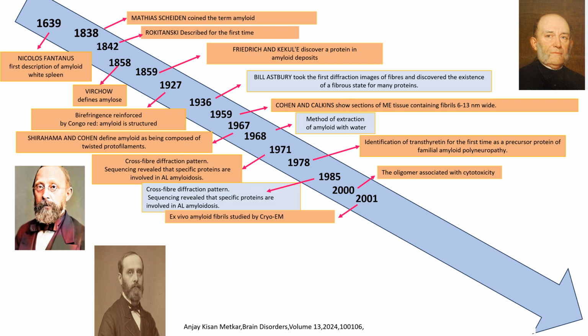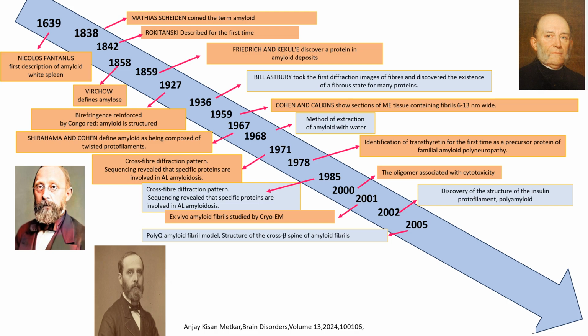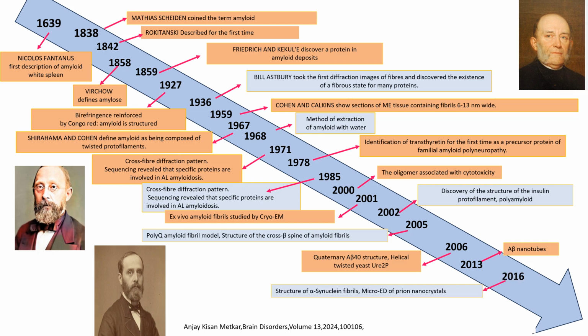In 2001, ex vivo amyloid fibers were studied by cryo-electron microscopy. 2002, discovery of the structure of the insulin protofilament polyamyloid. 2005, poly-Q amyloid fibril model, structure of the cross-beta spine of amyloid fibrils. 2006, quaternary AB beta 40 structure, helical twisted. 2010, AB nanotube. 2016, structure of alpha-synuclein fibrils, involved in Parkinson's disease.